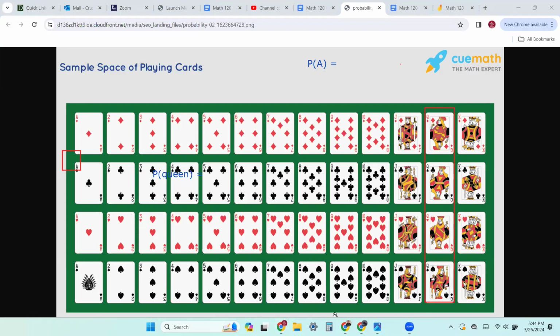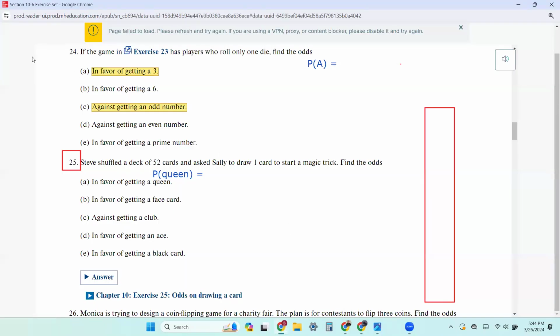So we can simplify that down to 1/13. So for every 13 cards, every suit of 13 cards, there's 4 of them. There's one queen. Now, the probability of the queen is 1/13.